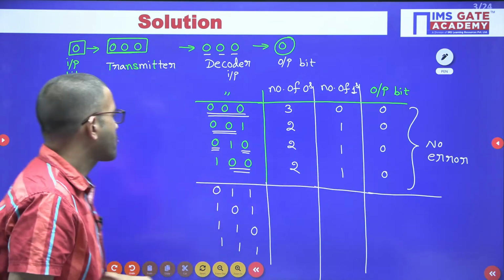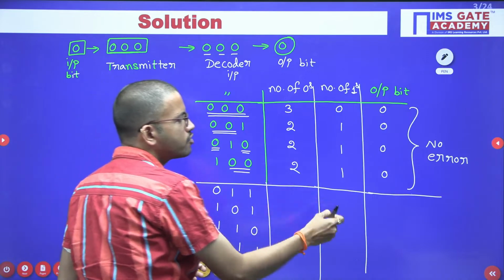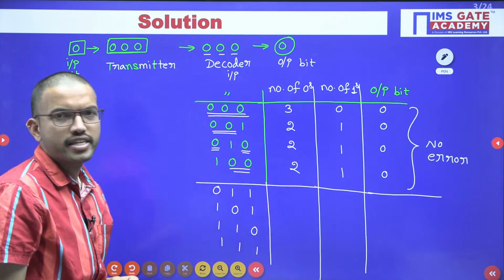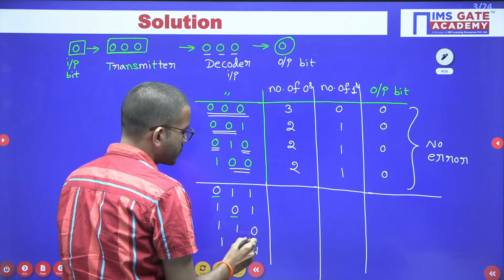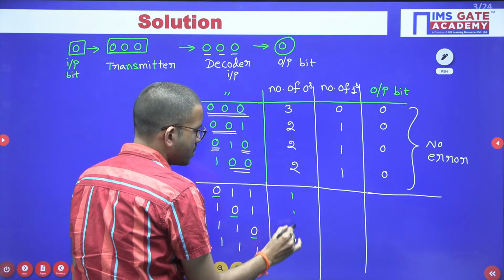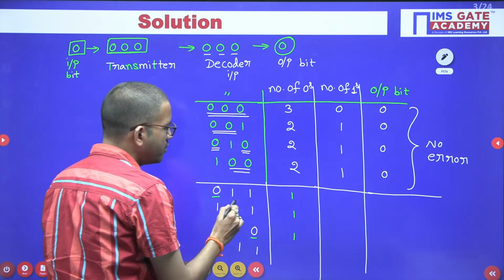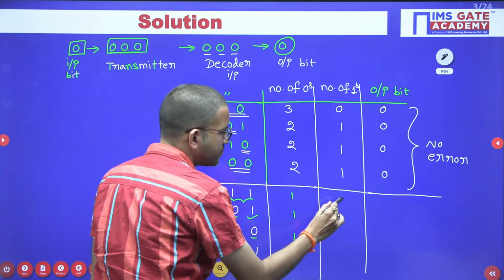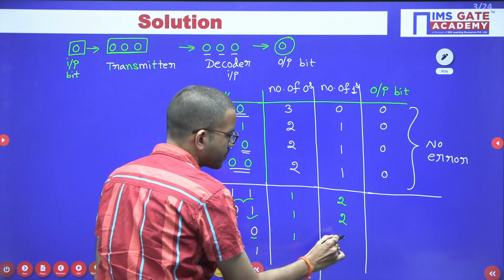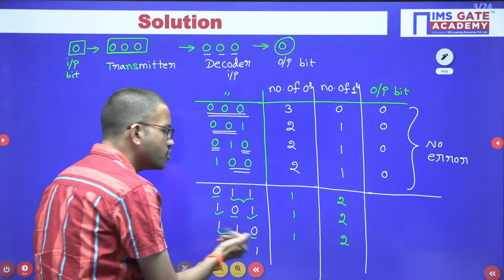Okay, right. Now just observe here, for these 4 combinations, what is the output at the decoder you are going to get? Now here if you observe, number of zeros is 1 for these 3 combinations, whereas number of ones are 2. And the last combination, if you observe, there is no 0 at all.